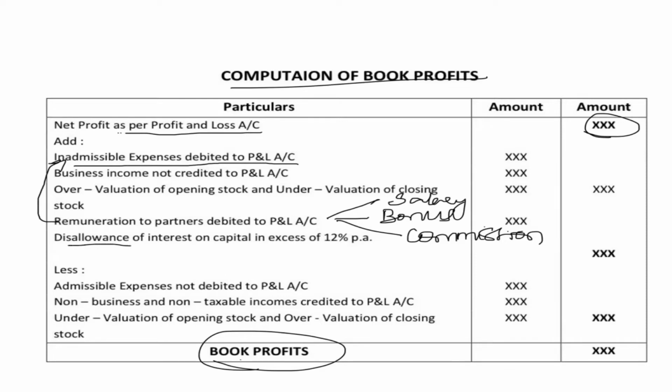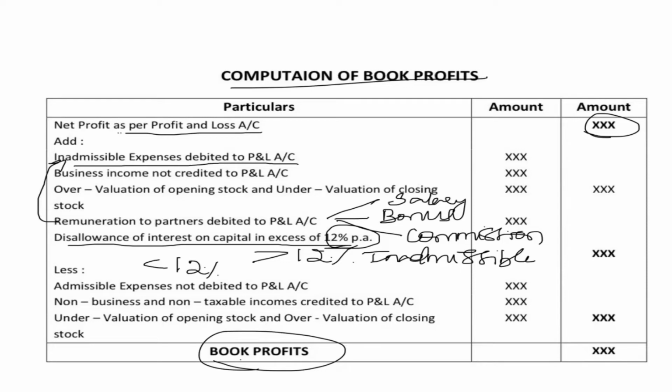Now, any kind of interest on capital which exceeds 12%, that means whatever is in excess of 12% will be inadmissible value, and within the limit of 12% will be treated as admissible expense.